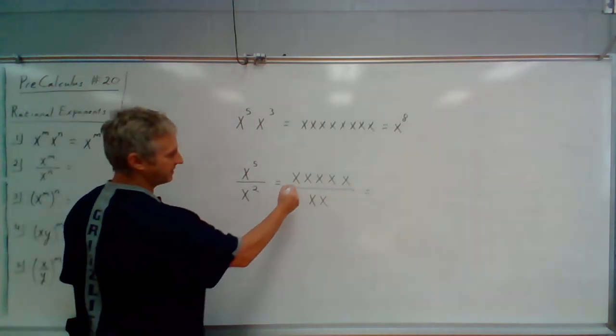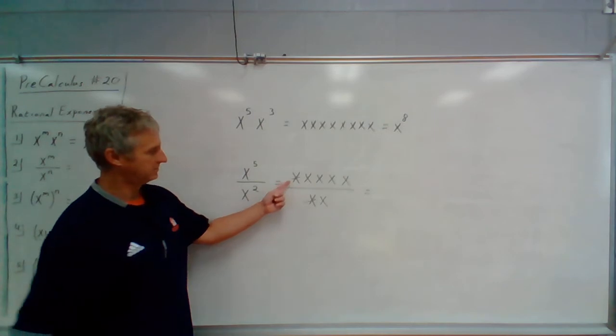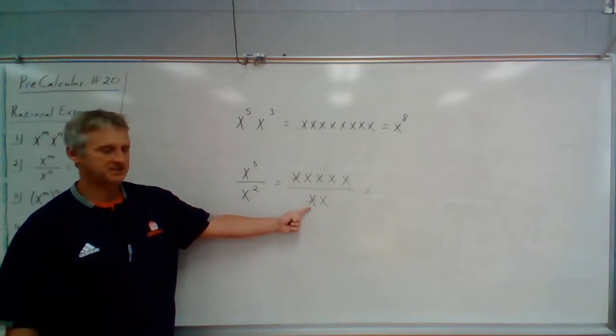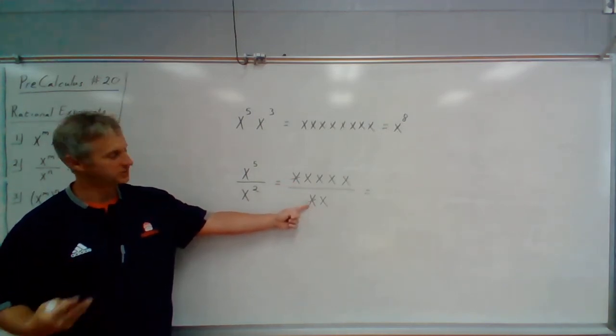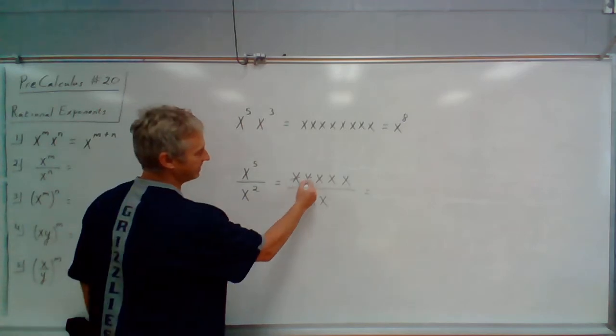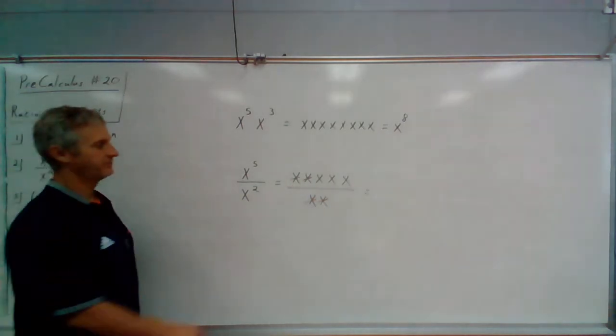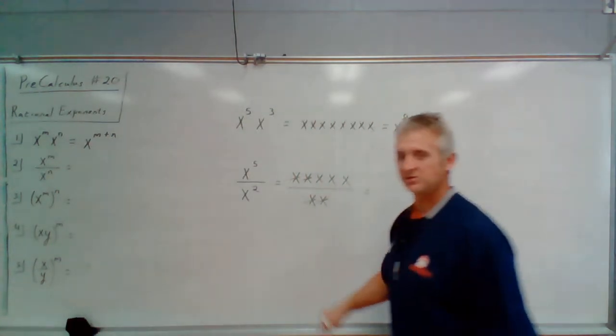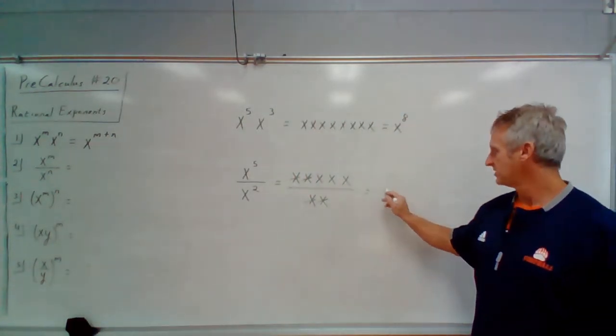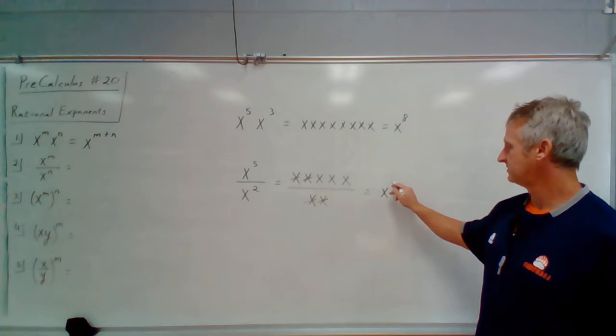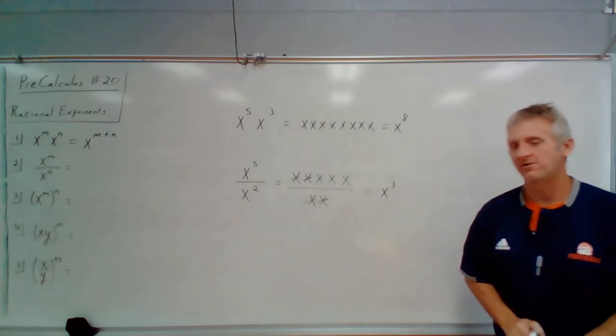And then these x's will cancel, because anything divided by itself is 1. X divided by x is just 1, so those cancel away. These guys cancel away, and you're left with 3 x's multiplied together on the top. So you would get x to the third power.